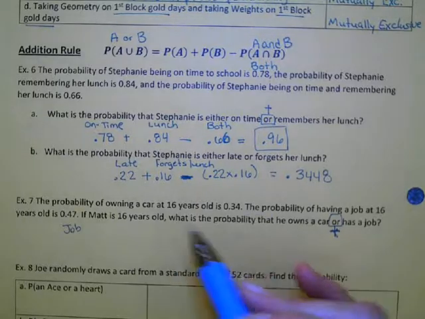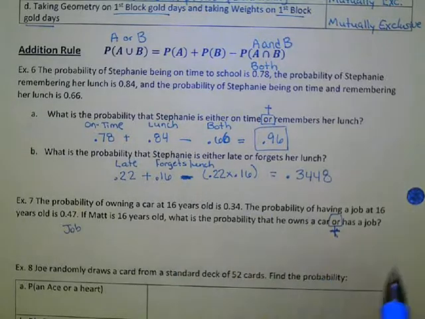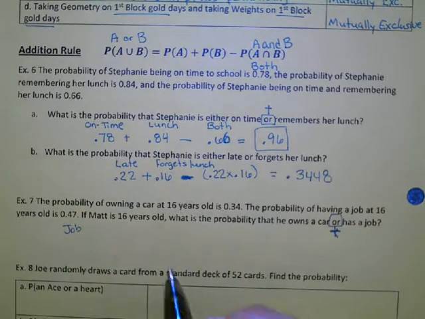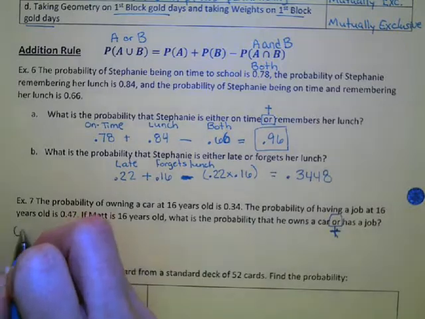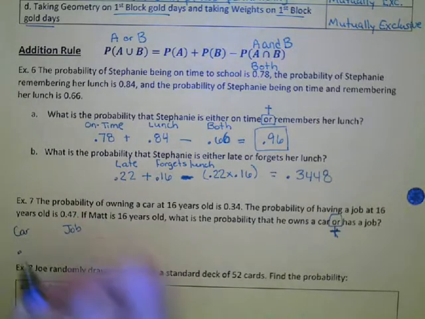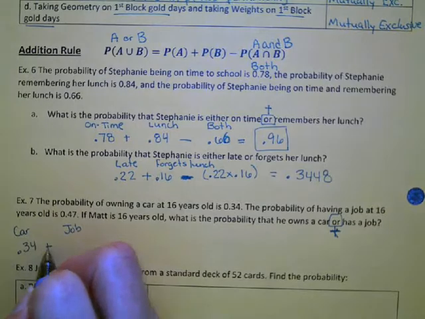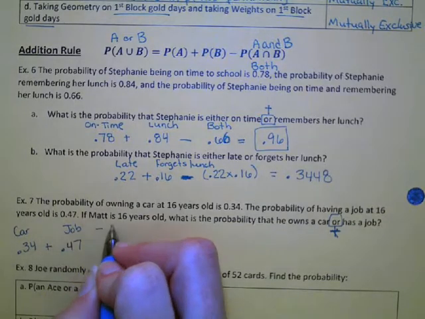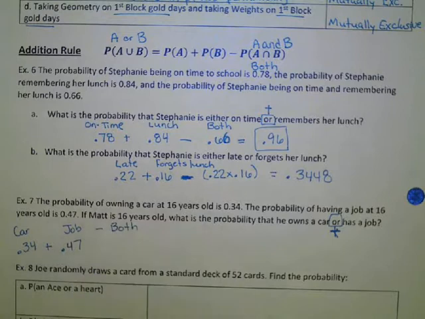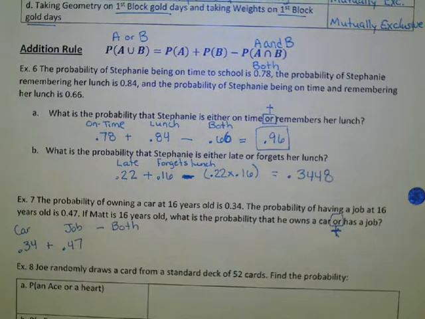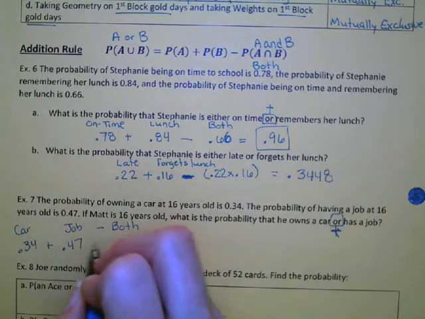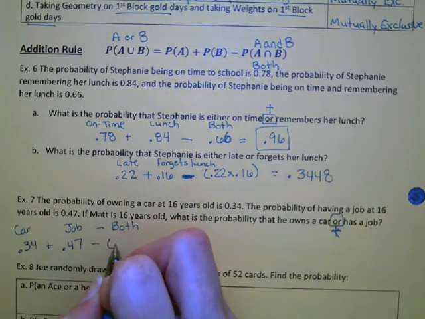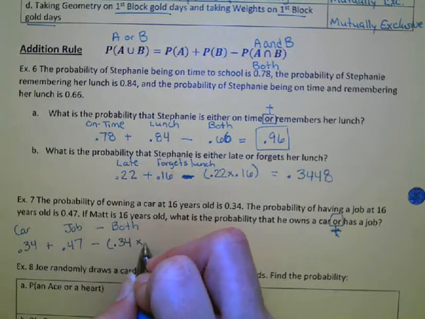So owns a car is 0.34 plus has a job is 47% minus both. So we don't know how many times he didn't have a job or a car. So OR does include both of those. You're going to subtract 0.34 times 0.47. So for both, when you have both situations, you want to multiply.